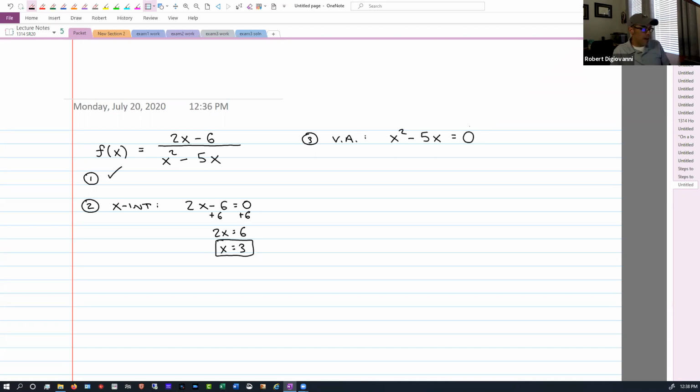But we could just factor out an x. And then we set each of those factors equal to 0. We get 2 answers, 0 and 5. Any questions there?